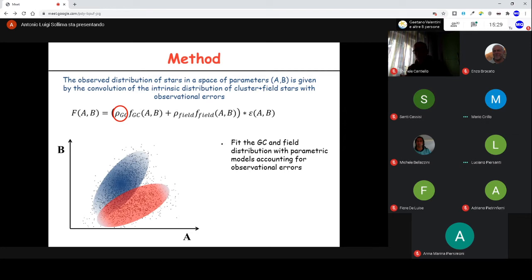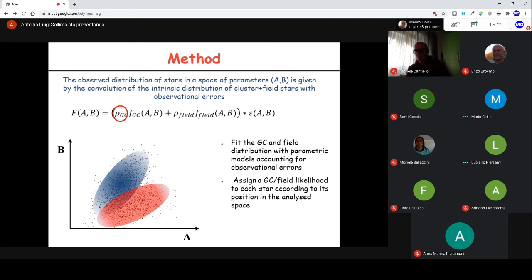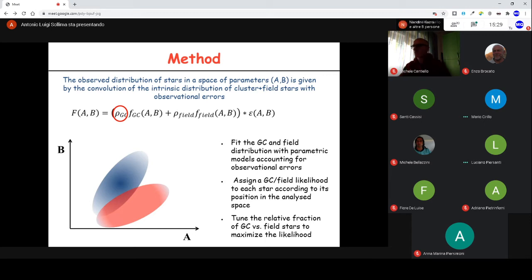When the normalized distributions are chosen, a likelihood is assigned to each star, a likelihood to be a cluster or a field star, and then based on this likelihood, the relative fraction of globular cluster and field stars is tuned to maximize the overall likelihood. And you can repeat it in many regions of the space, to account for the distribution of the cluster and field stars.